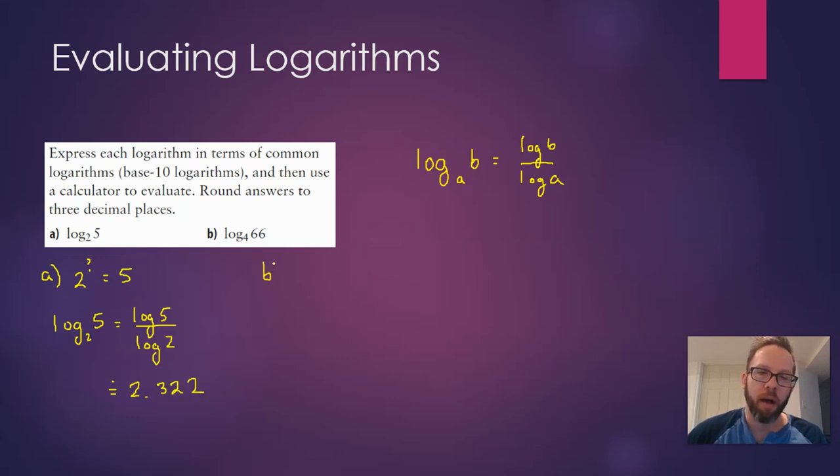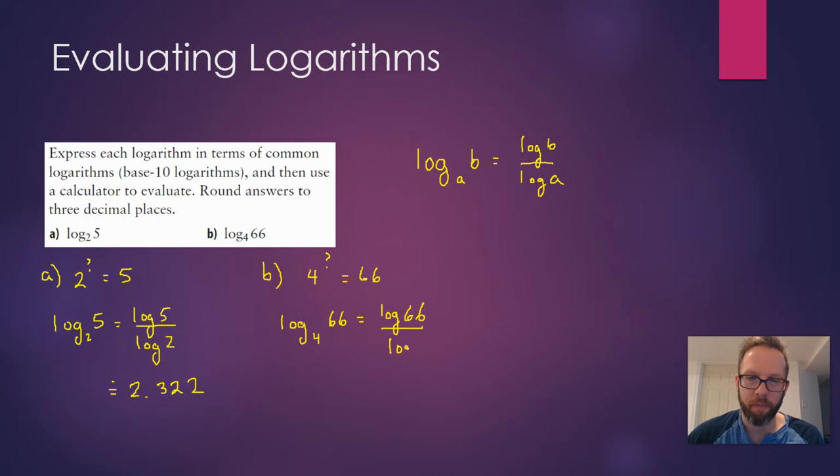Why don't you guys try the second one? The second one is asking 4 to what power gives you 66. Let's see what we get. Rewrite that as log 66 over log 4, because nobody would be expected to do that mentally. And let's see what we get.